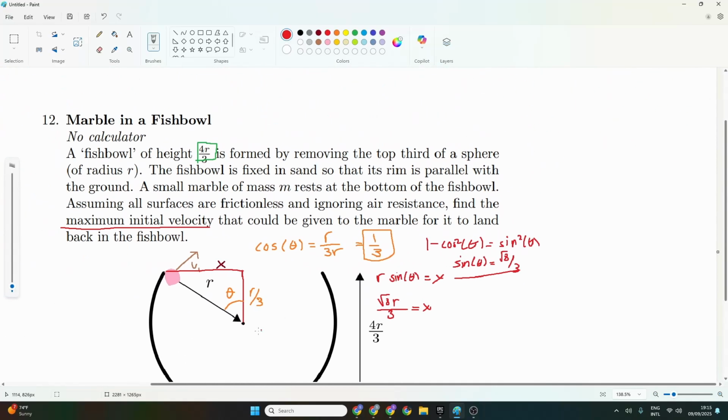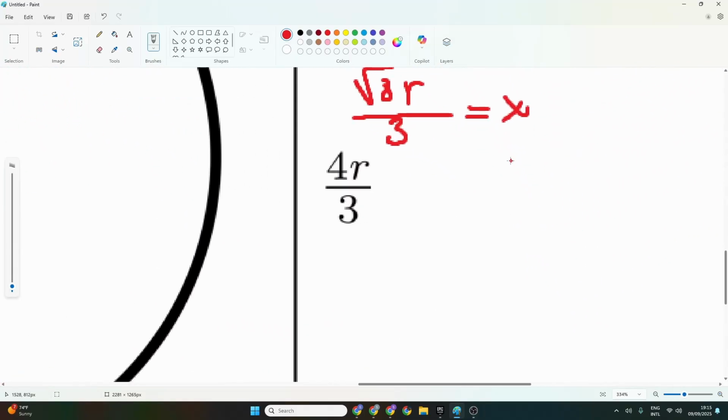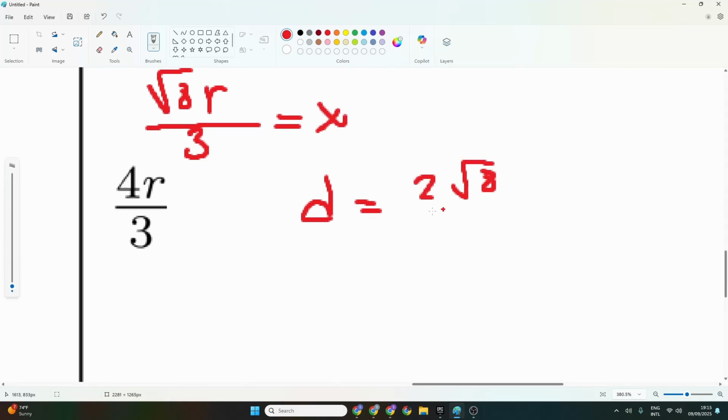And since this horizontal distance is actually 2x, what we are looking for, let's say d, is equal to 2 radical 8 over 3.